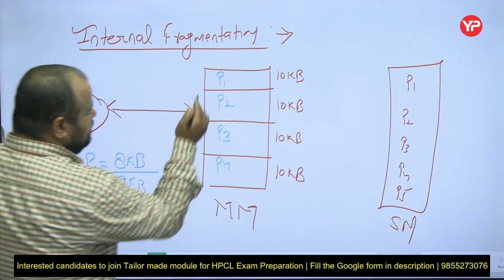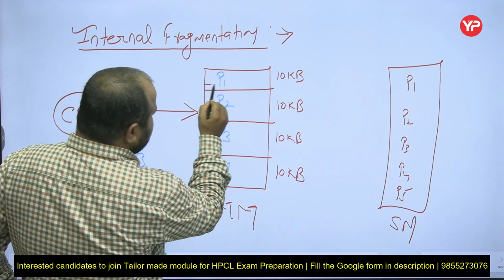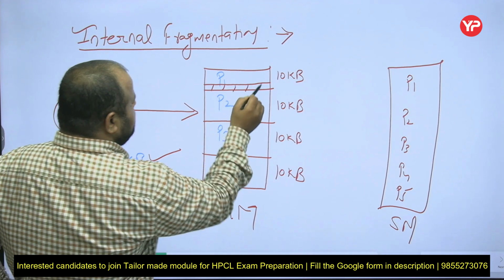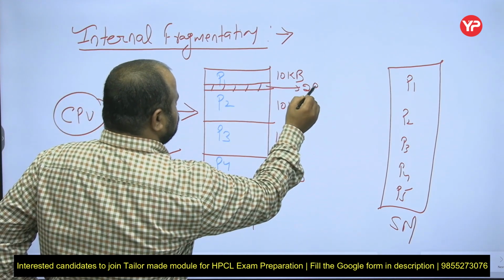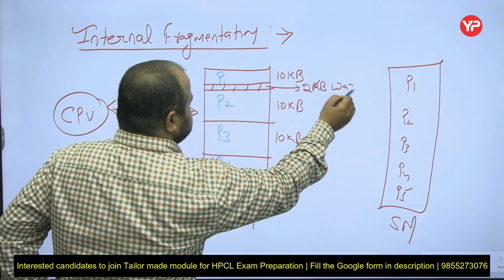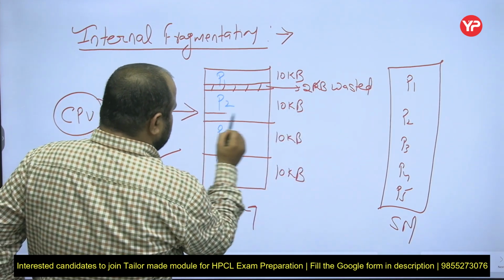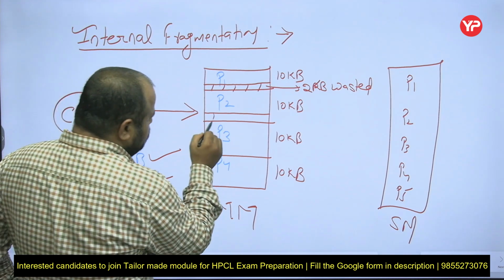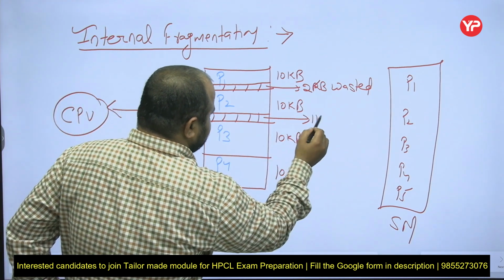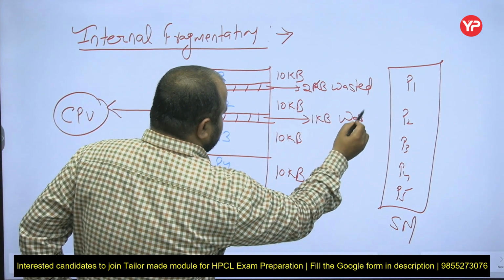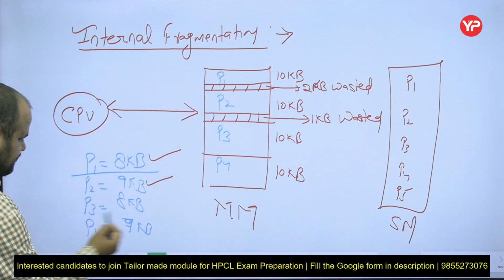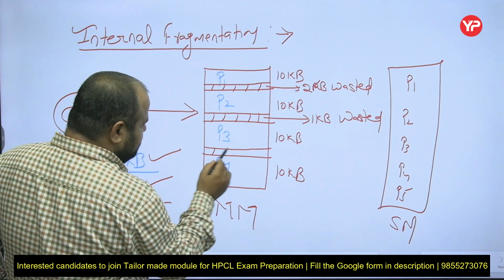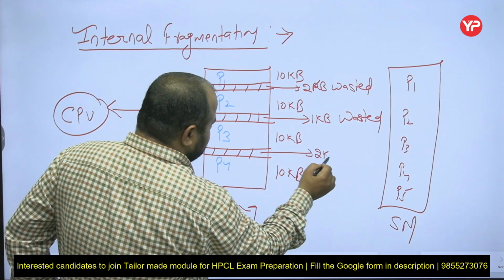The point is, in the first block out of 10 KB we are using 8 KB. It means this 2 KB space is wasted. In the second block, out of 10 KB, we reside a process of size 9 KB, so 1 KB space is wasted. Process P3 is 8 KB, so out of 10 KB we are wasting 2 KB.